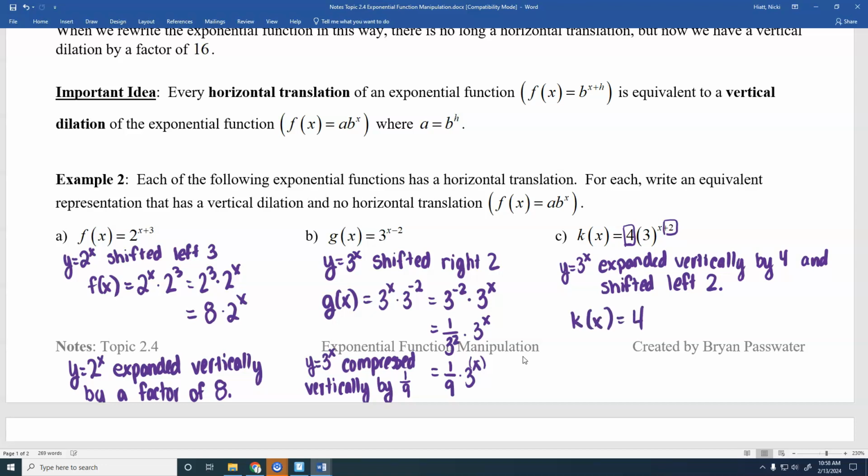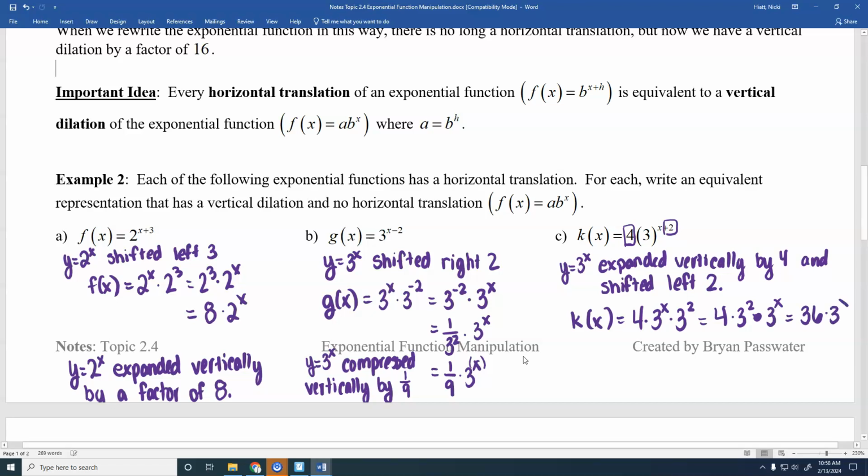We've got 4, 3 to the x times 3 to the second. Which, if I put that in a different order, I could do 4 times 3 squared times 3 to the x. 3 squared is 9. 4 times 9 would give us 36 times 3 to the x power.